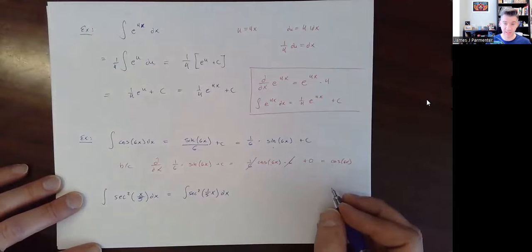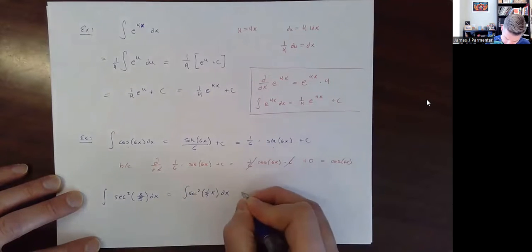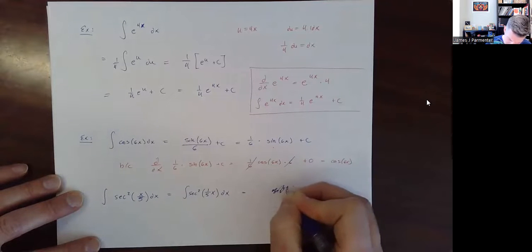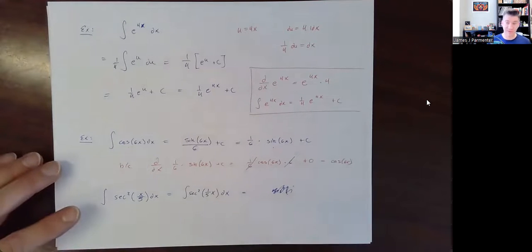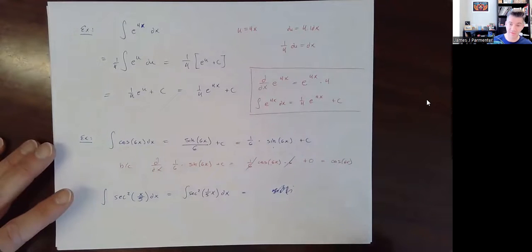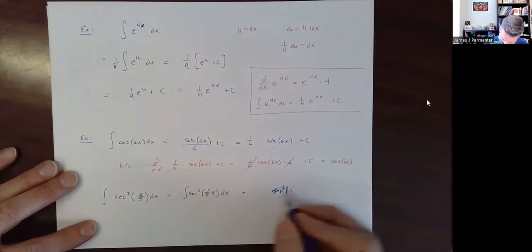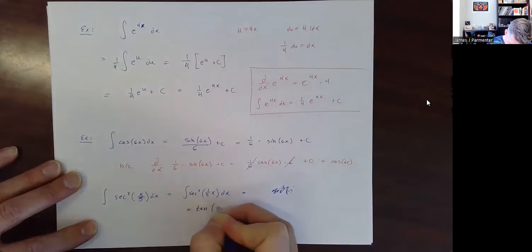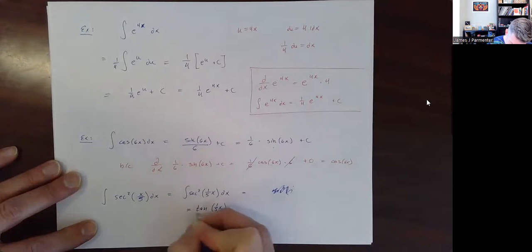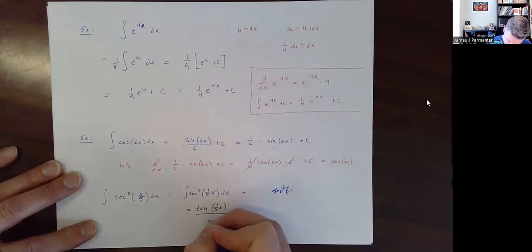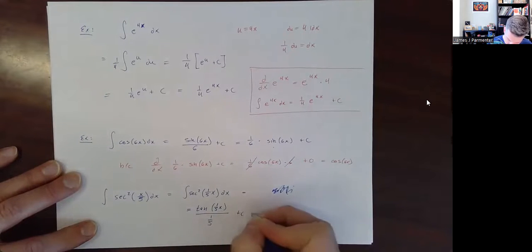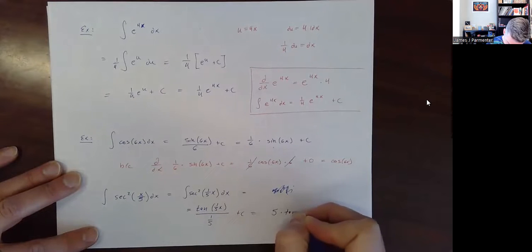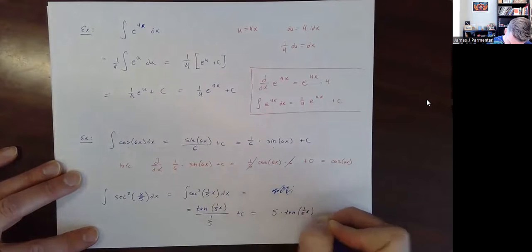So the antiderivative of secant squared of a constant times x is going to be tangent of that stuff, but then I have to divide by the multiple of x, so divided by 1/5. Or in other words, making this nicer, 5 times tangent of 1/5 x.